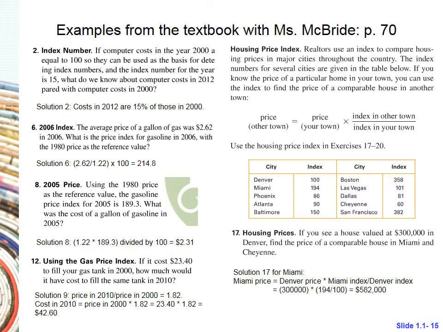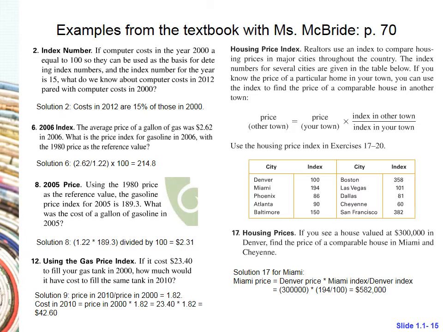So if you flip back to that, you'll see the price of 2.62 divided by my price of 1.22, because that was the price in 1980, and then I multiply by 100, and that gives me my index. So that says the price in 2006 is 214.8% of the price in 1980. In other words, it's 200 and some percent, 114% higher.